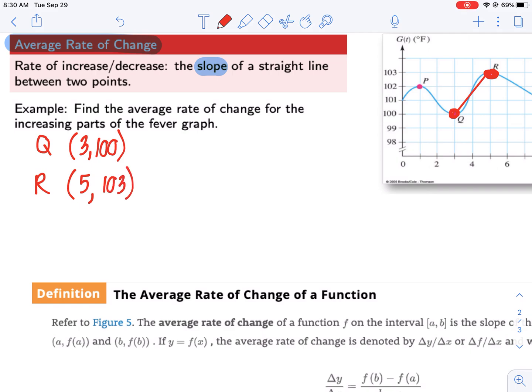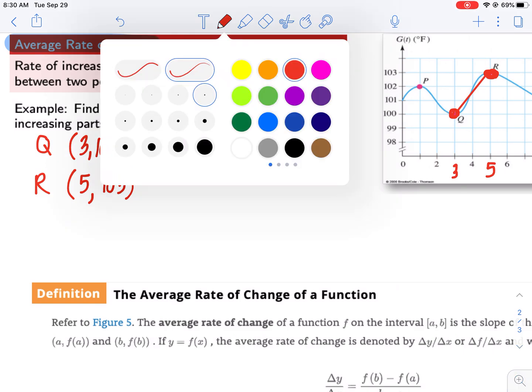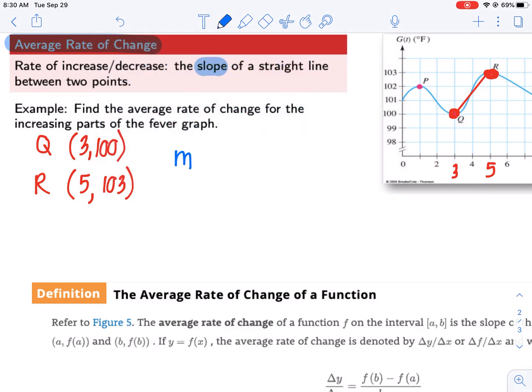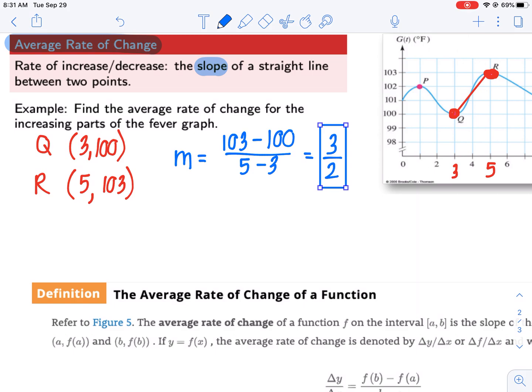And that's simply from looking at the x and the y of the graph. Now that I know my points, let's plug into the slope formula, which would be 103 minus 100 over 5 minus 3. I'm getting 3 over 2. So that would be my slope between Q and R, between that increasing portion. Okay, average rate of change is just slope.